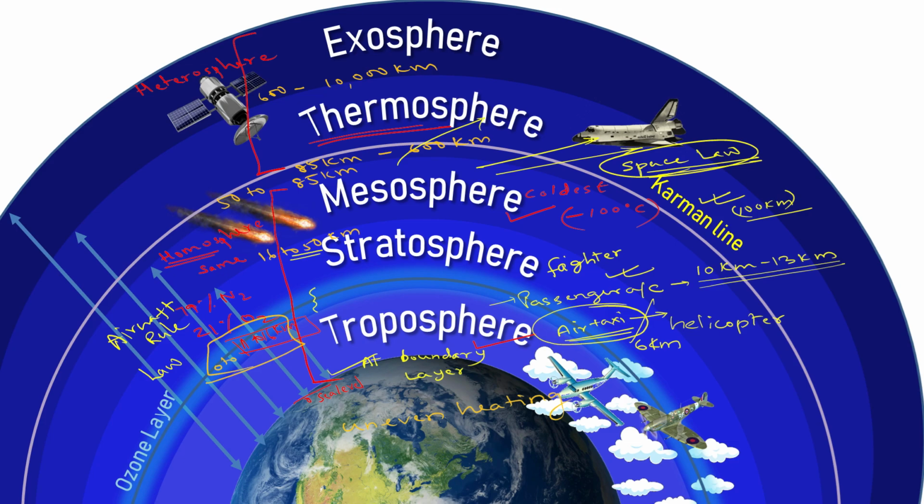Somewhere maybe there is an isothermal region, somewhere a gradient region. Iso means constant temperature, and gradient means how temperature varies as we increase altitude. That will come in the later part also; mathematically we will see why there are variations.